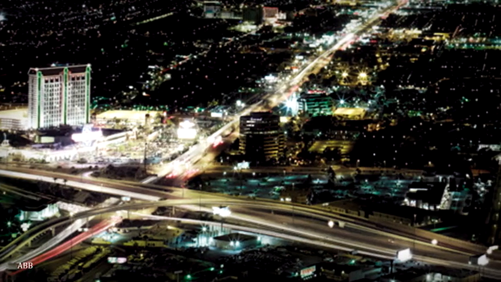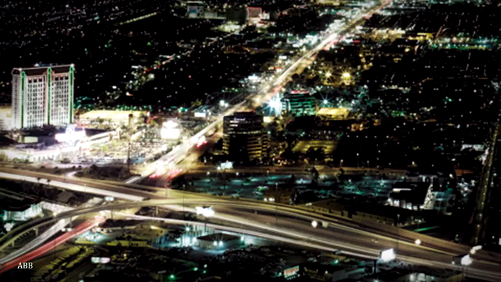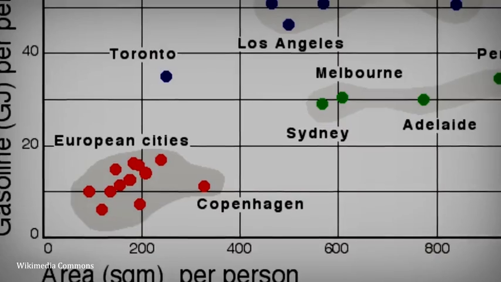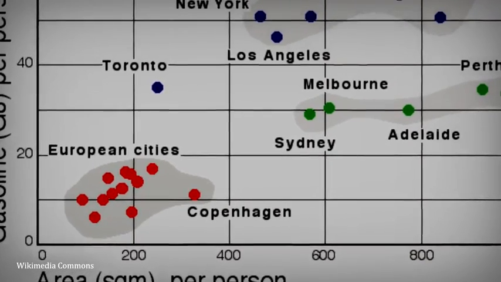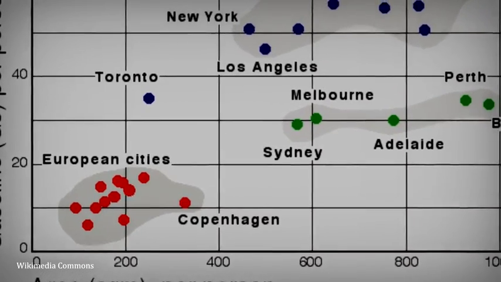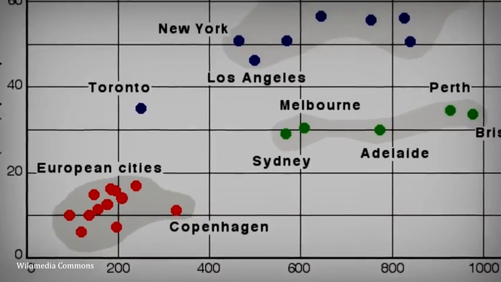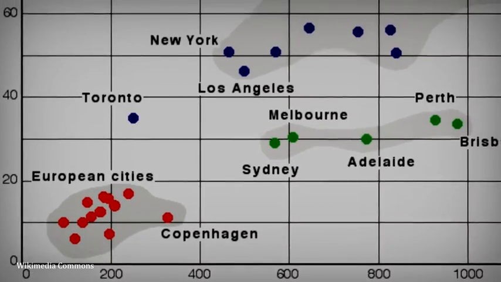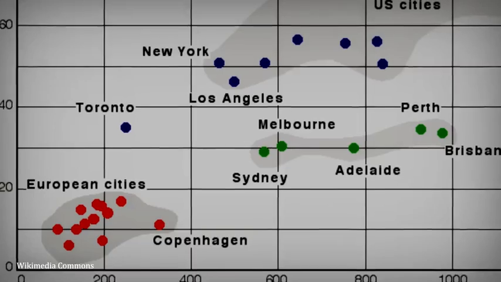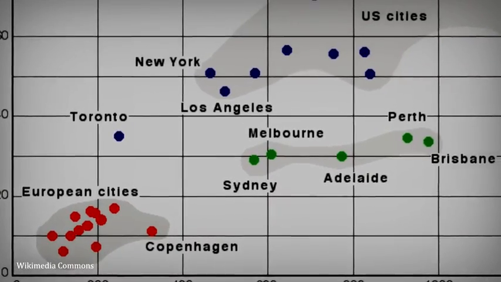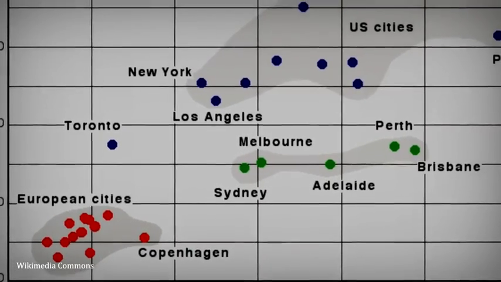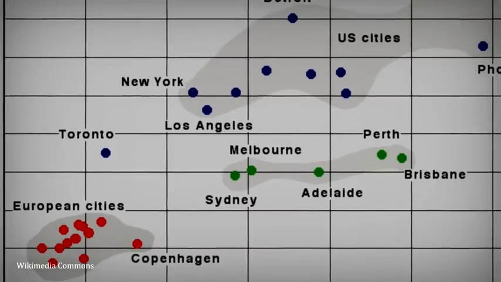Urban form affects the consumption of energy in many ways. The most important is how spread out our cities are. As this chart shows, in European cities, where people consume much less land per capita than in North America or Australia, the gasoline consumed is far less. And within the U.S., newer, more sprawling cities consume more fuel than older cities like New York and Philadelphia.